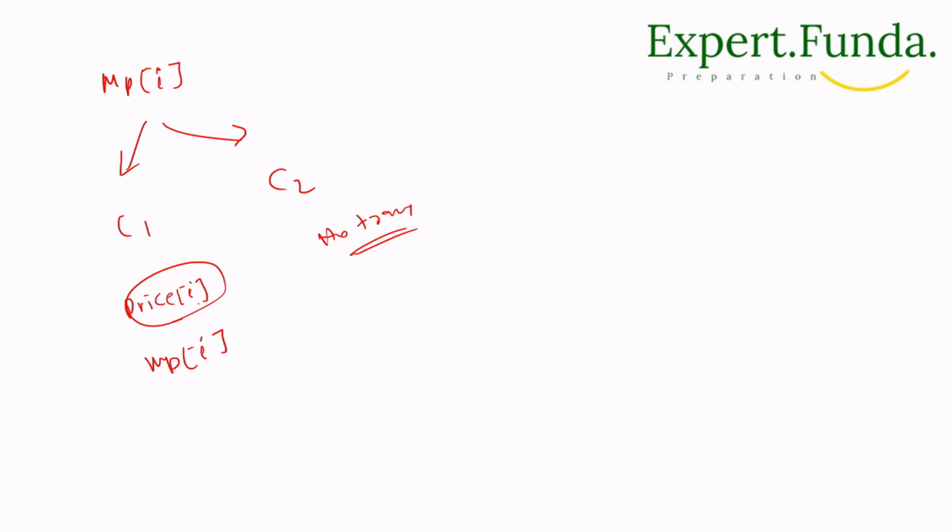At each iteration, we pick the largest value from these two cases, and whichever value comes, that is stored at MP of I. At the end of the loop, the MP of I array will be populated and store all the values.